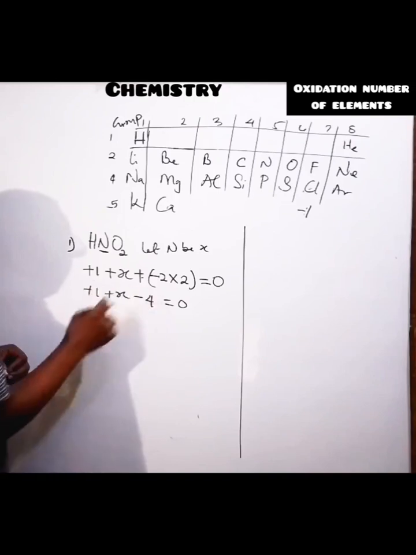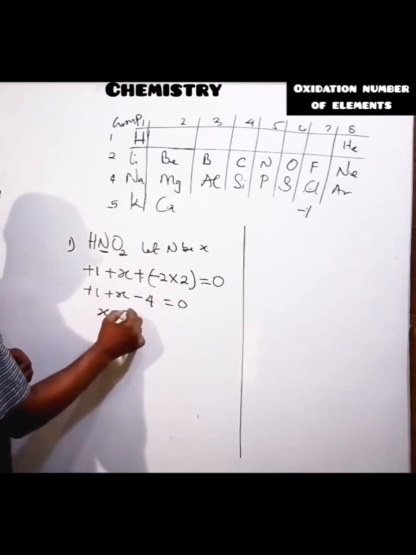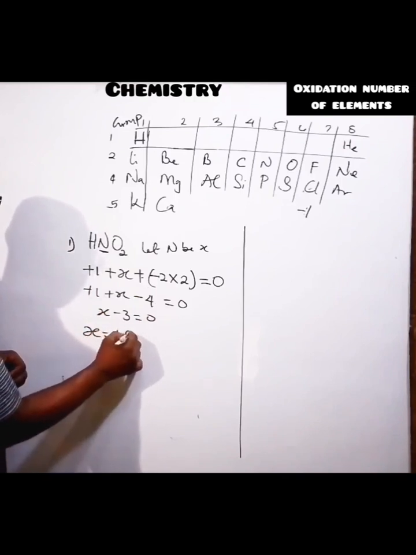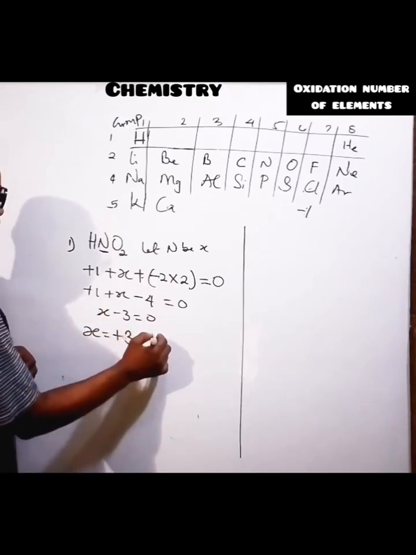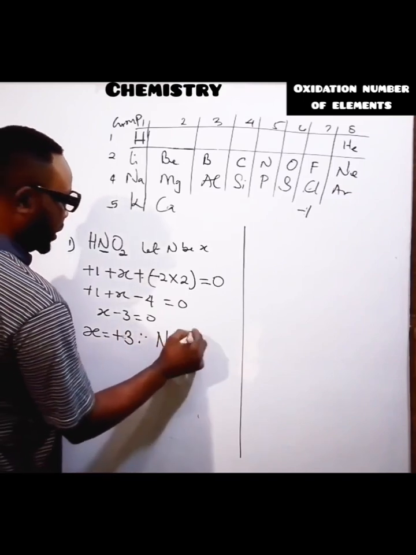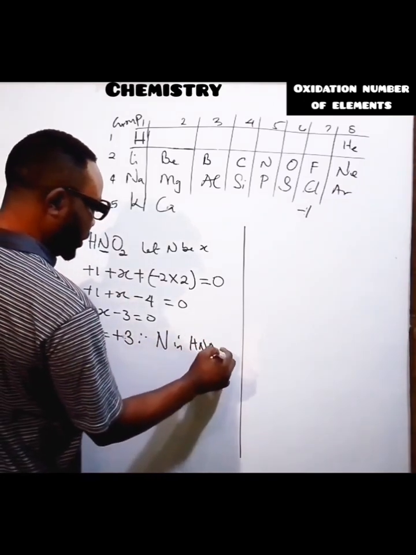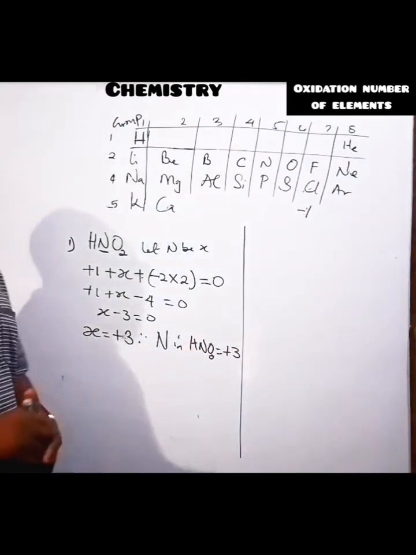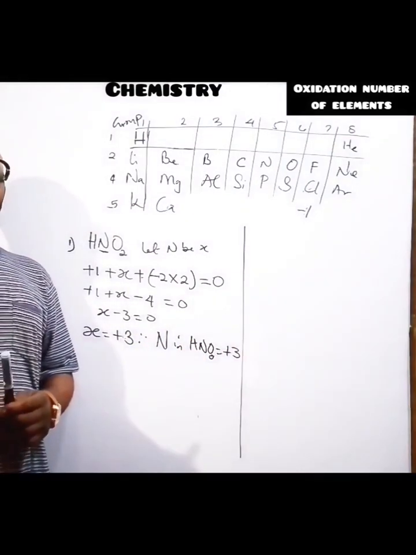So +1 - 4, we have X - 3 = 0, so X is equal to +3. Therefore, the oxidation number of nitrogen in HNO2 is equal to +3.